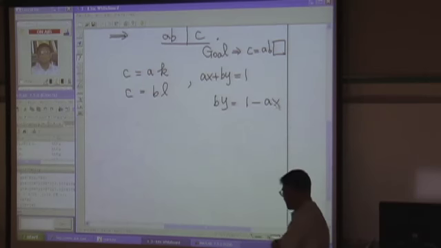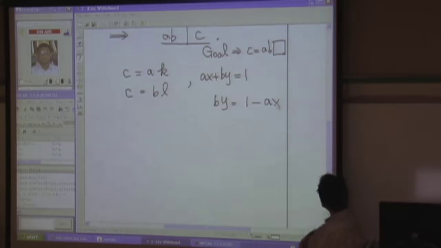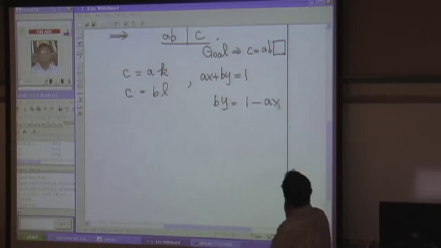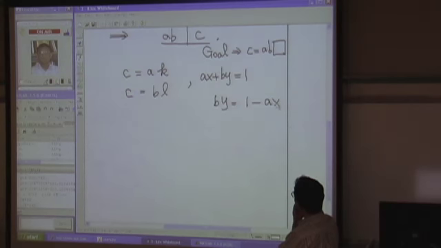AX plus BY. It's a little bit tough, right? Even after converting it, it's not very straightforward. Do you have any idea? If I multiply L to the equality, then I can get BL, and BL can be converted to C. But what I don't like is Y.